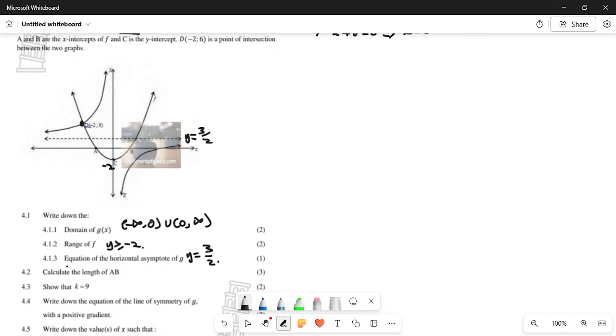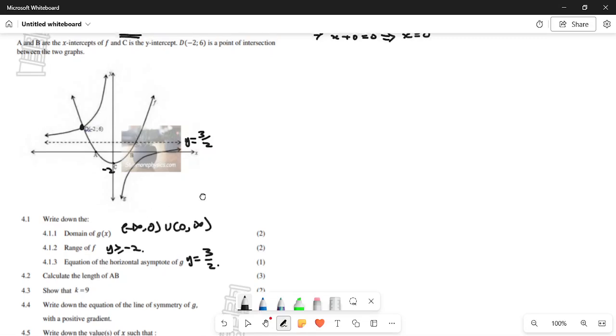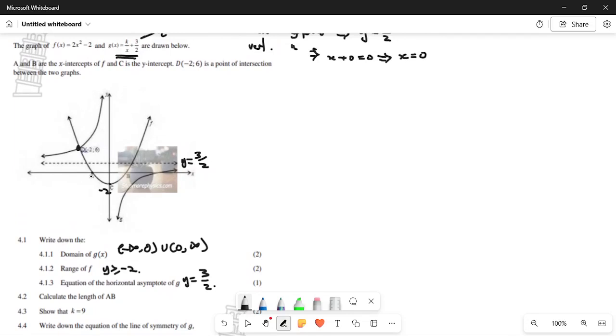And then now 4.2, calculate the length of AB. And the coordinates A and B being the x-intercepts of f. So to find the distance of AB, let us just write our distance equation.